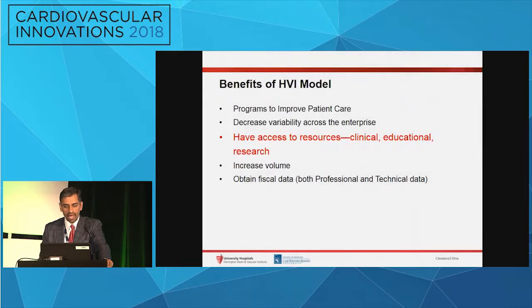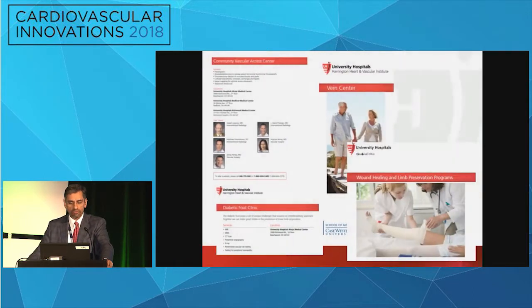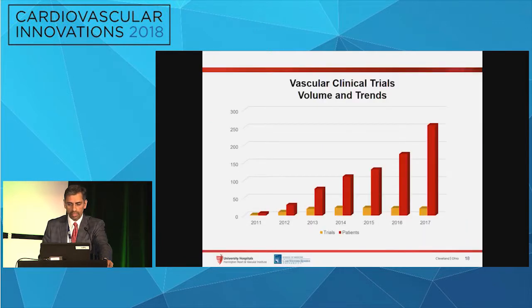In terms of having access to resources, clinical, educational, and research, one thing that we've done fairly successfully is marketed as a group to take care of patients, whether it be with venous disease or with dialysis problems or limb preservation programs or a diabetic foot clinic. We've done that together.